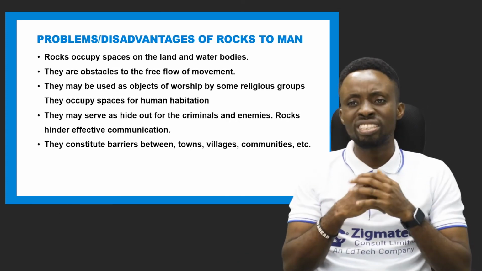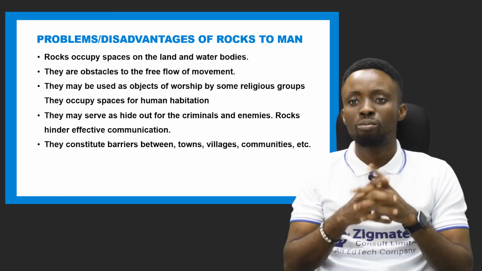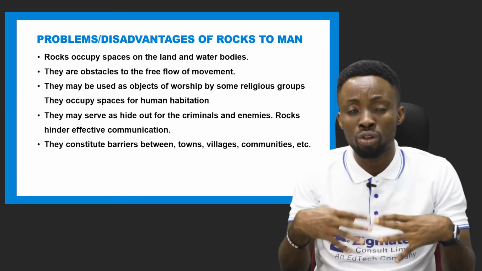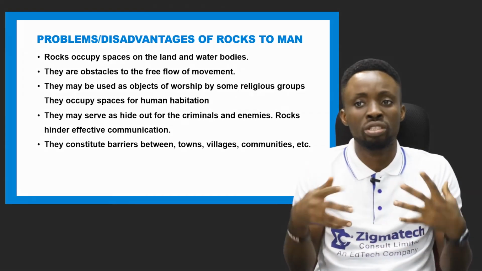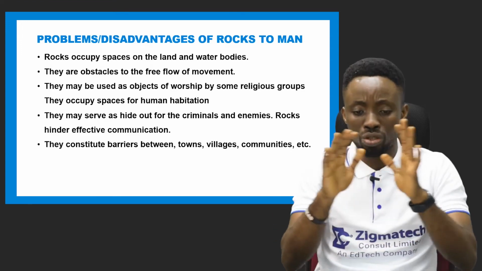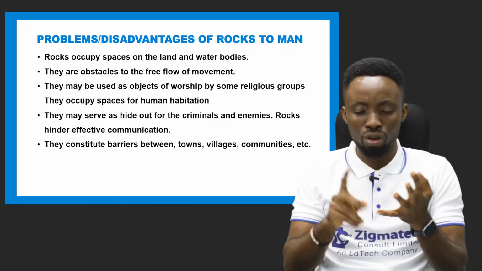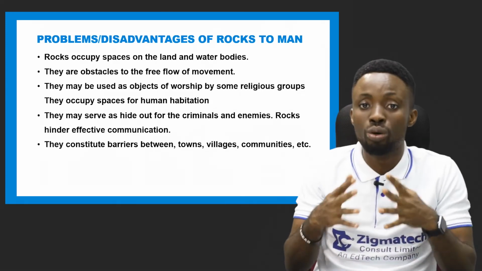Now let's look at the disadvantages or problems of these rocks. When we have rocks around, they end up occupying or taking away spaces that we can use for other human activities. So this is a disadvantage. And they are obstacles, they obstruct the free flow of movement, either for human beings or even for water, like a water route.